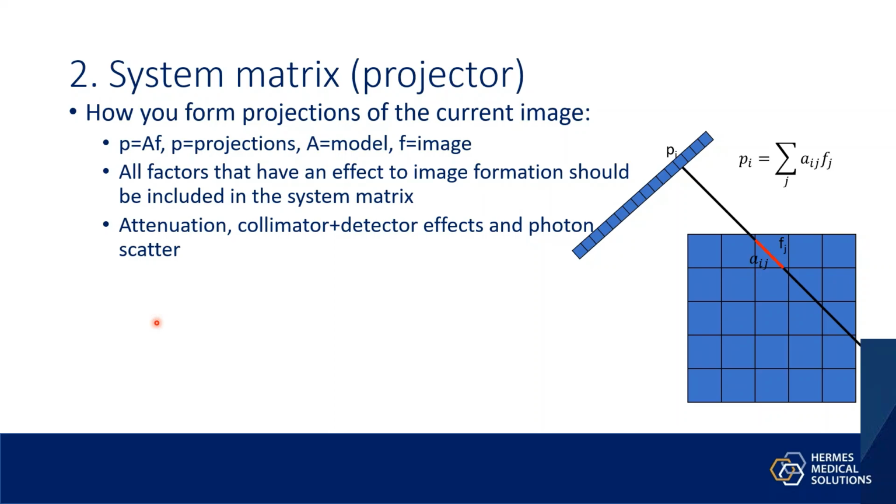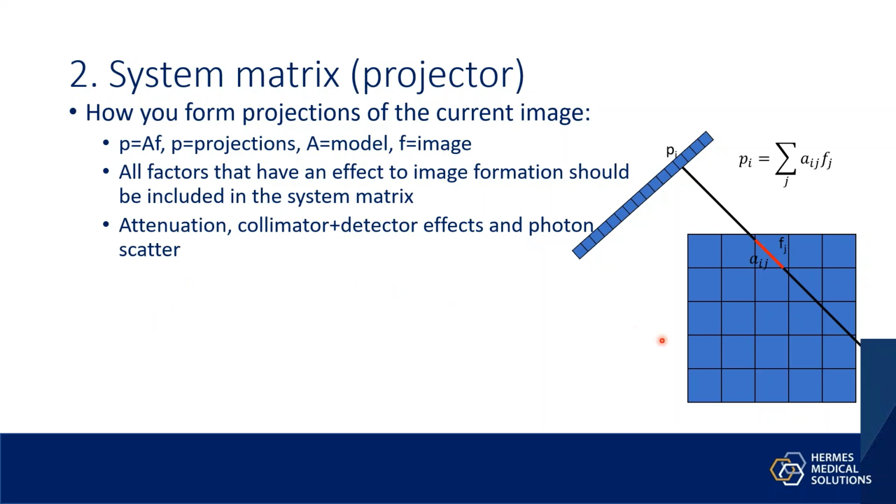Because as you know, the imaging target is usually a 3D object, and our measurements are in 2D. So we need some kind of mapping between the 2D projections and the 3D image. And the system matrix is the mapping.